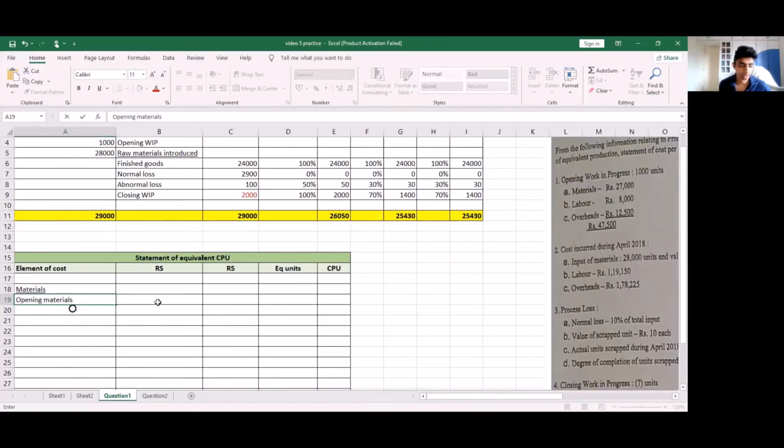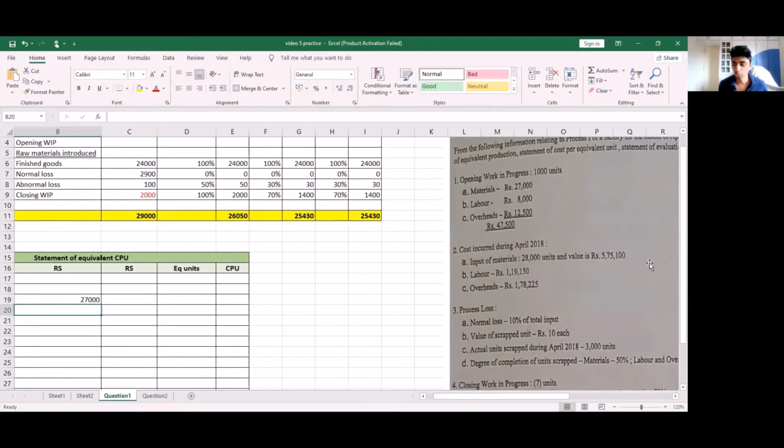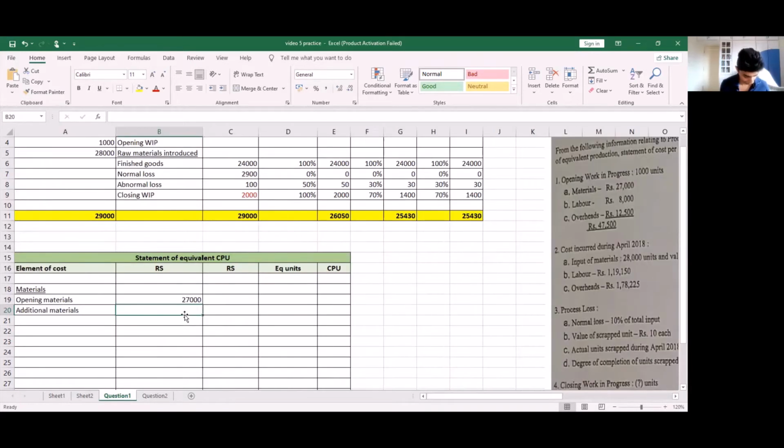So we will write opening materials as 27,000. Next, we have our additional materials, which we will add to 27,000, which comes up to about 5,75,100. From this total, we will subtract our normal loss realization.